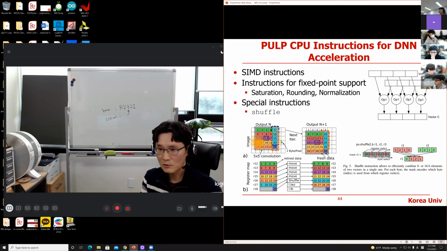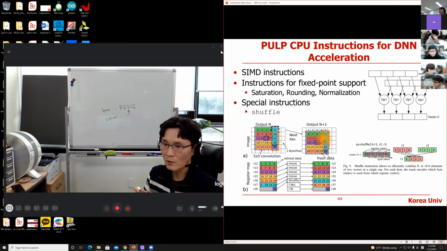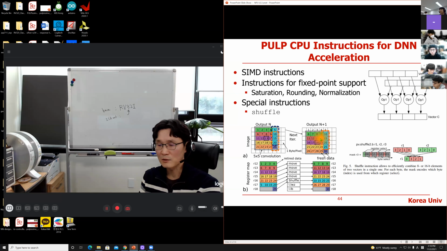From here to 1 pixel down, and then the input image you need to process is that data. So almost all data you can reuse, right? But those are new: 26, 27, 28, and so on. Those are new, right?